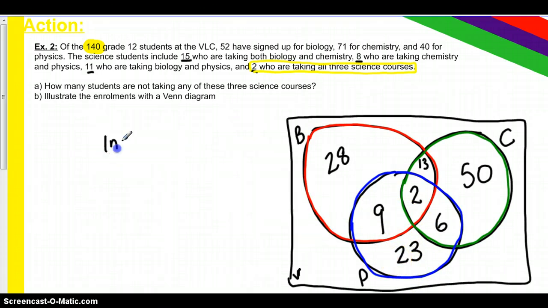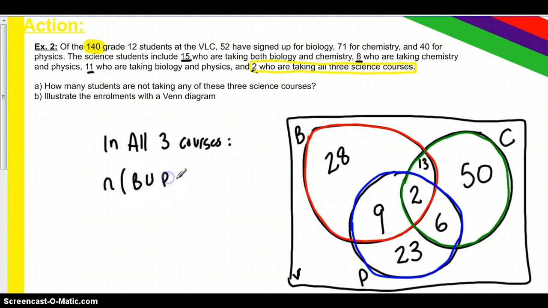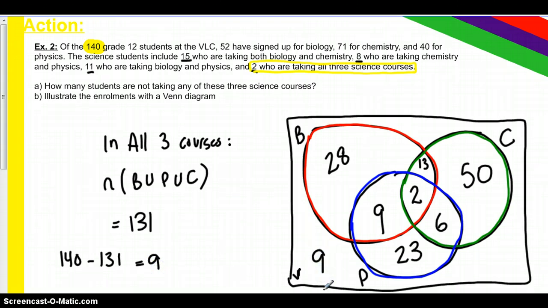So in all 3 courses, in other words, the number of students in biology or physics or chemistry is equal to 131, which I think is what we said. And that would mean then that out of the 140 students, only 9 of them are not taking any grade 12 science. So out here, we have 9 remaining students that aren't included in any of those 3 courses.